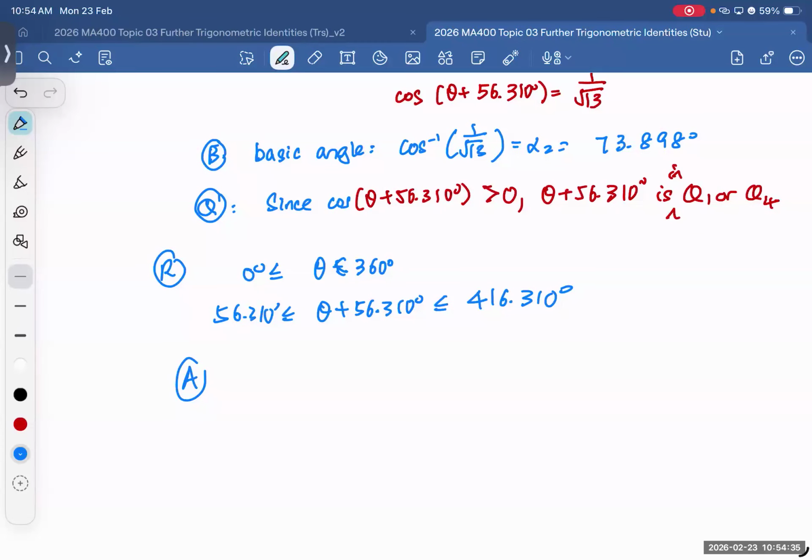What's my answer going to be? It's going to be quadrant 1, quadrant 4, right? So where's my theta? I know that theta plus 56.31 will have to be a quadrant 1 answer. Quadrant 1, my answer is just alpha. Quadrant 4, my answer is 360 minus alpha.